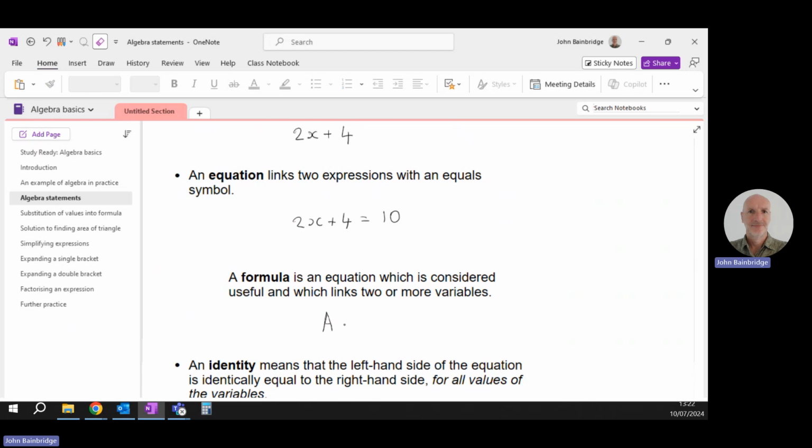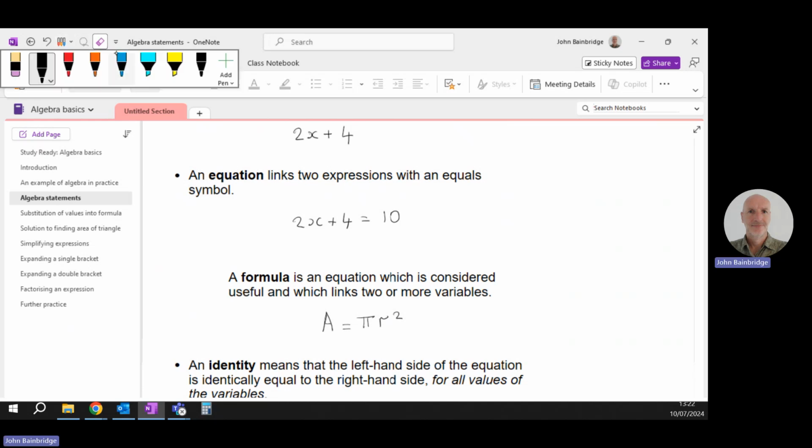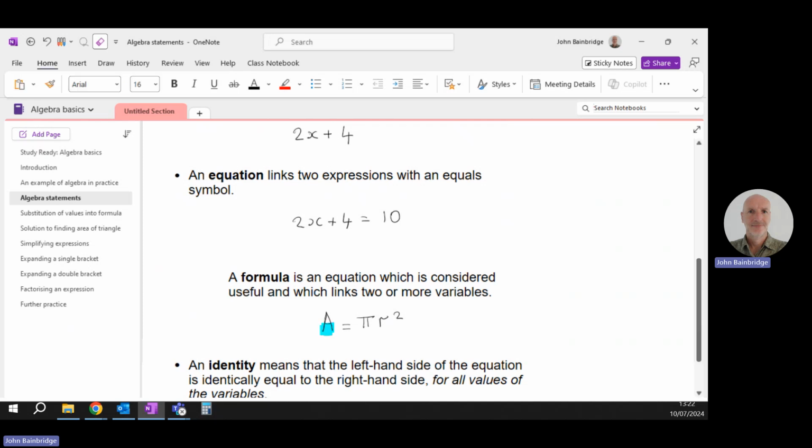The area of a circle, which I'll represent by the letter A, equals pi r squared, where r is the radius of the circle. So I've got two variables in this equation, which I'm calling a formula. We've got the A and the r. The pi, although it's a letter, is not a variable because it's always the value 3.14.